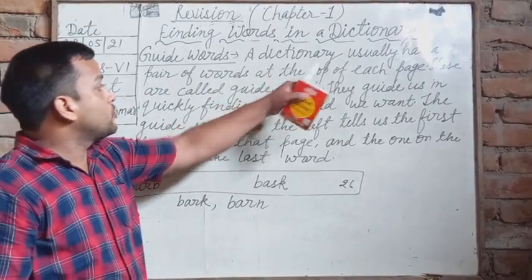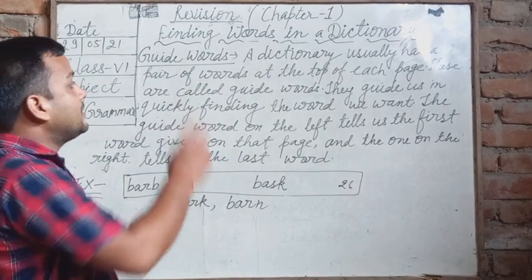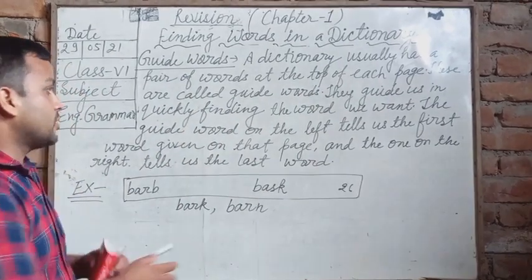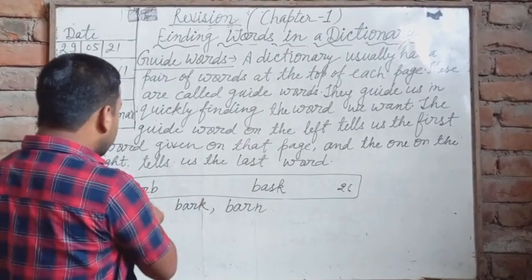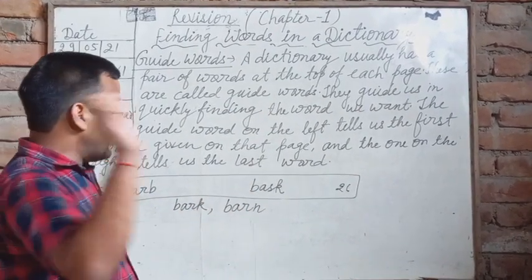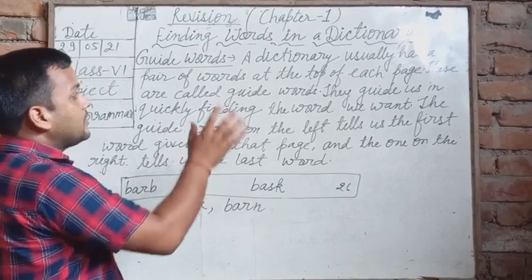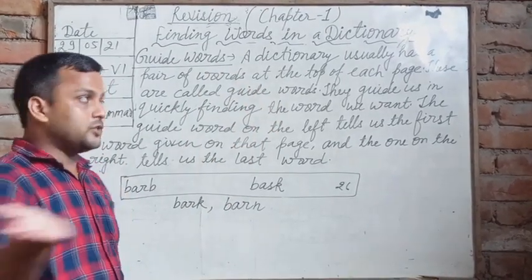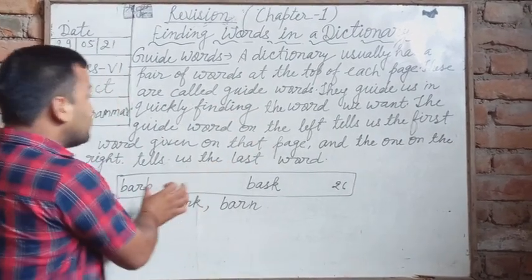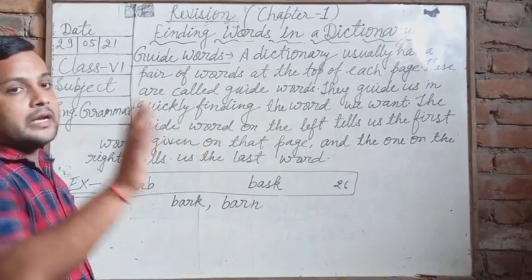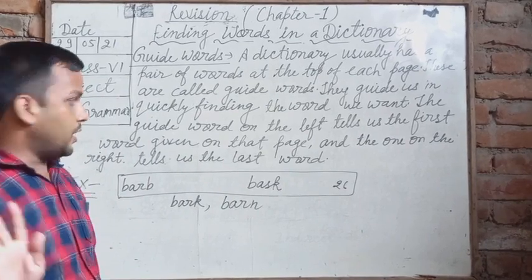A dictionary usually has a pair of words at the top of each page. Suppose barb and bask are the guide words, and they are given at the top of a page. These are called guide words, and these words guide us in quickly finding the word we want.